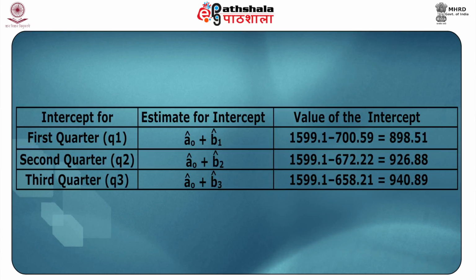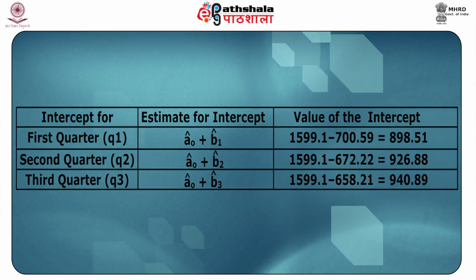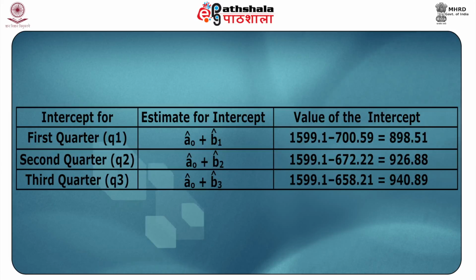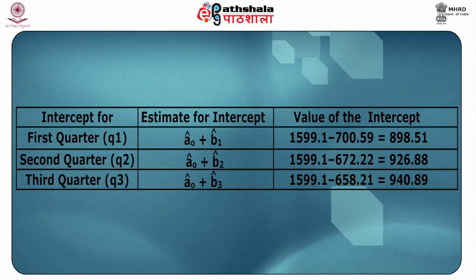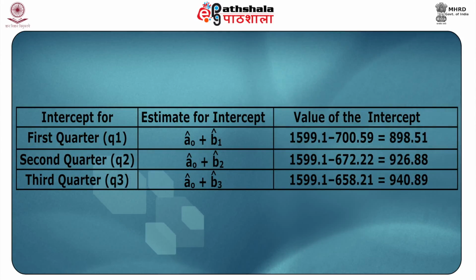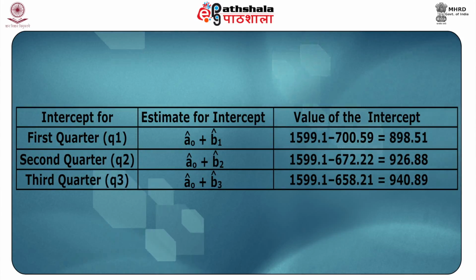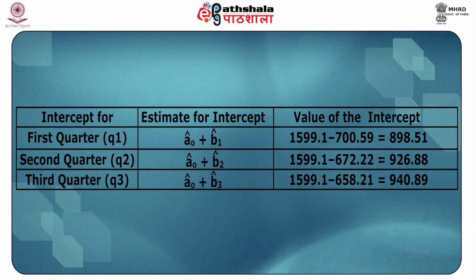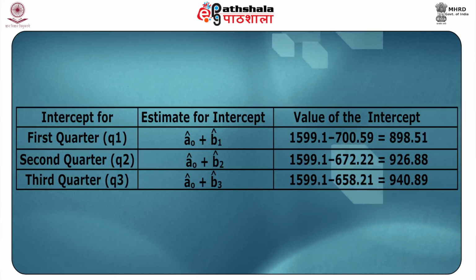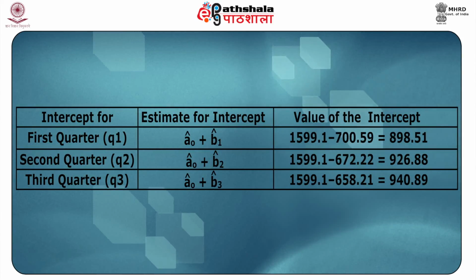1599.1 minus 700.59, which is equal to 898.51. For the second quarter, that is Q2, intercept is A hat 0 plus B hat 2 and the value of the intercept is 1599.1 minus 672.22, which is equal to 926.88.